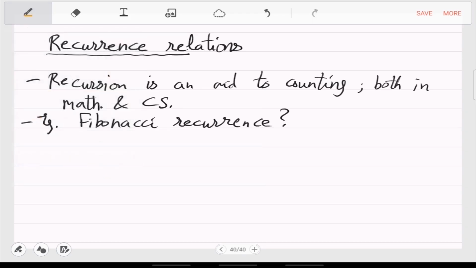So let us ask the following question, which Pingla asked in 300 BC. So Acharya Pingla's question was that he wanted to count how many Sanskrit shloks can be written with a certain property.